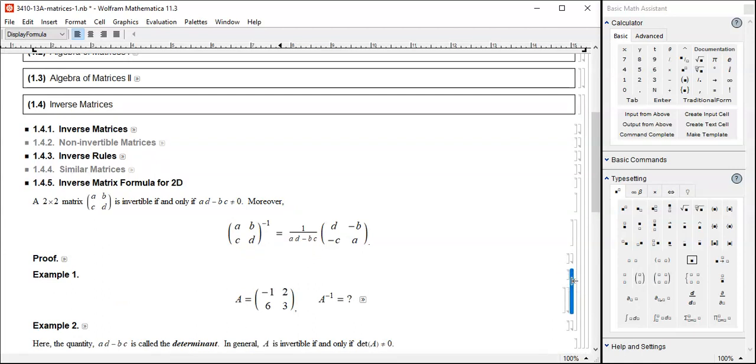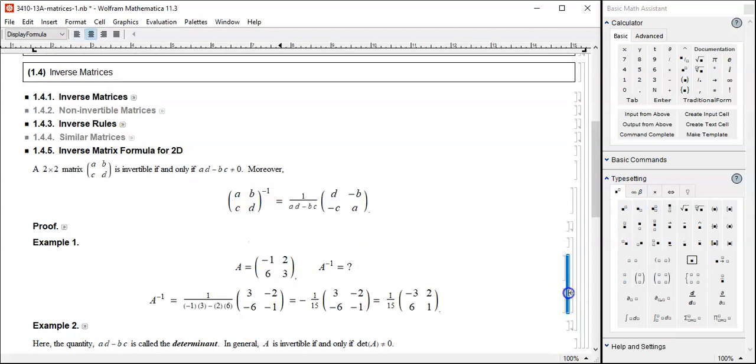Here's an example. Find the inverse of this matrix. Just put it into this formula, AD minus BC, crisscross.